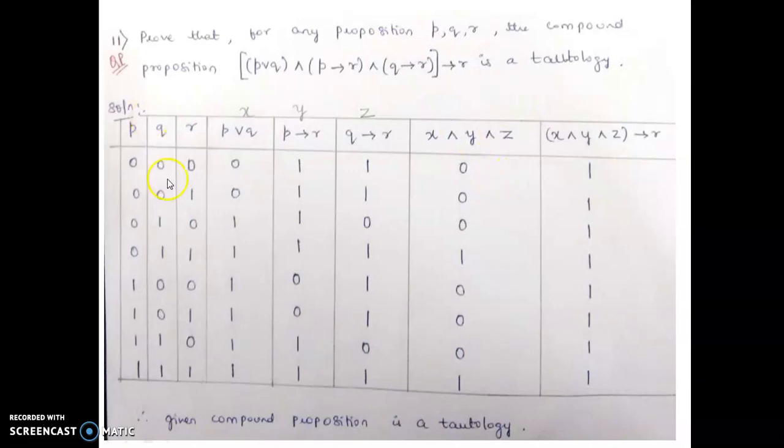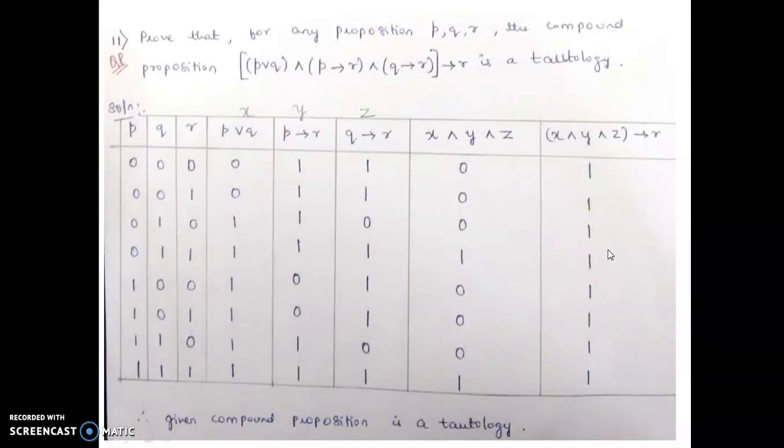So 0 0 it will be 1, and 0 1 it is 1, and 0 0 again 1, and 1 1 it is 1, 0 0 1, 0 1 1, 0 0 again 1, 1 1 1. So that's why it is proved that it is a tautology.